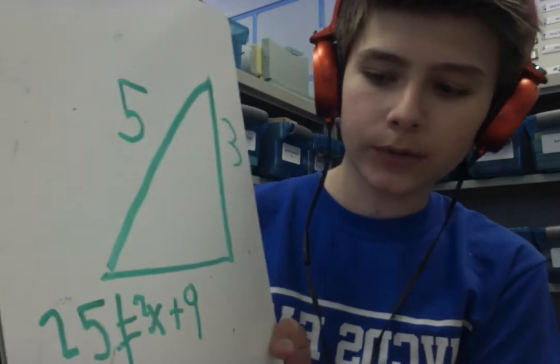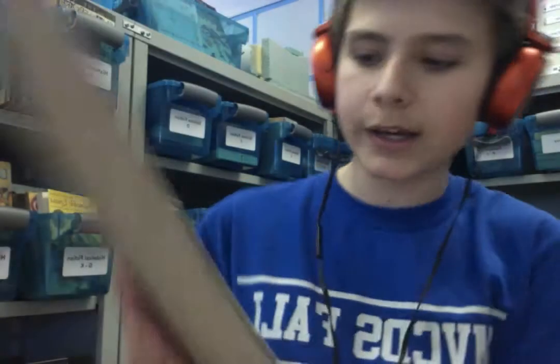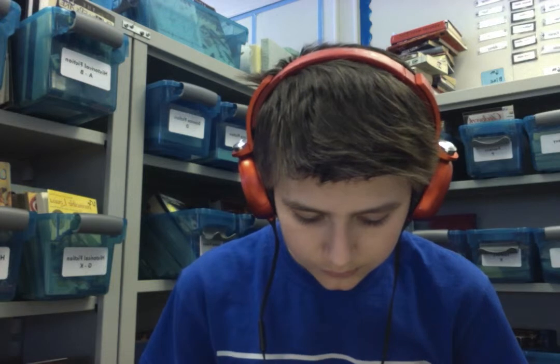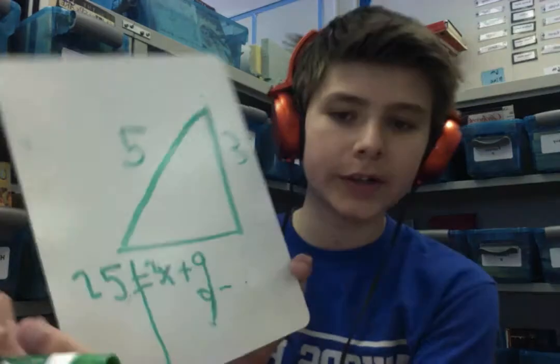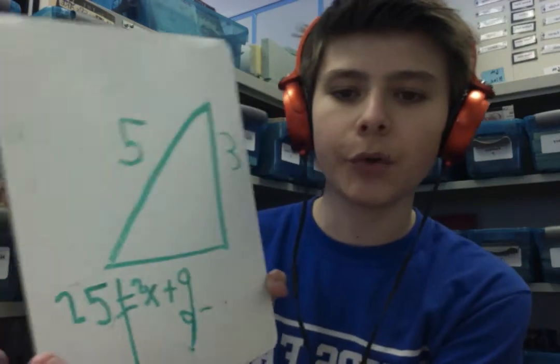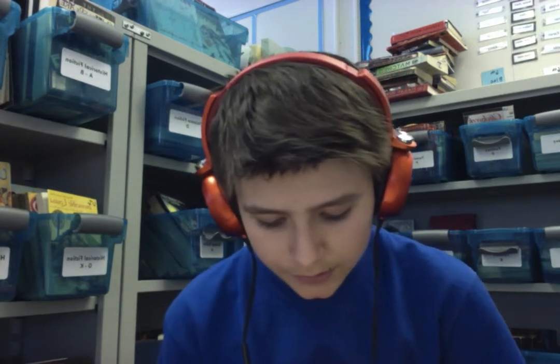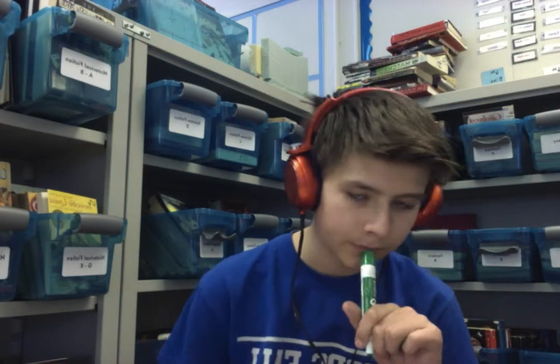So you want to subtract 9. So we subtract 9 from both sides, which gives us x squared equals, and 25 minus 9 is, just like before, 4 squared, or 16.